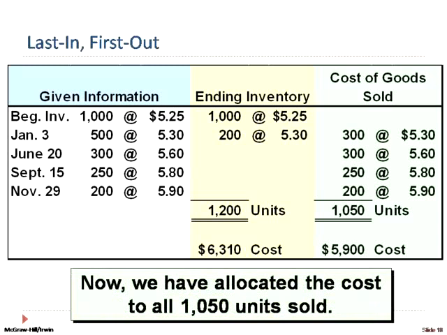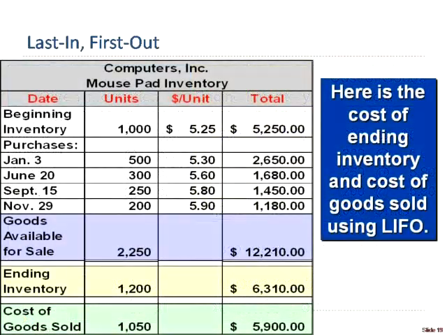As you can see, we used the last units in from the November 29th purchase and then added units from other purchases to account for the 1,050 units sold. The cost of goods sold amounted to $5,900. Here is the completed inventory worksheet using the last-in, first-out method to allocate costs to inventory and cost of goods sold.